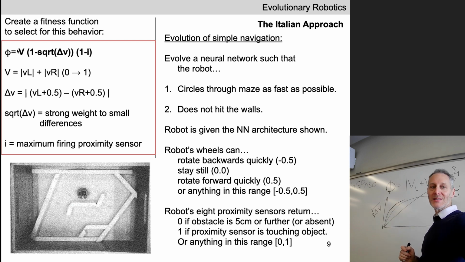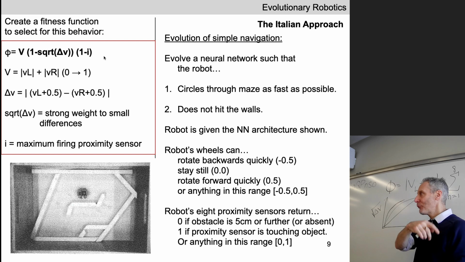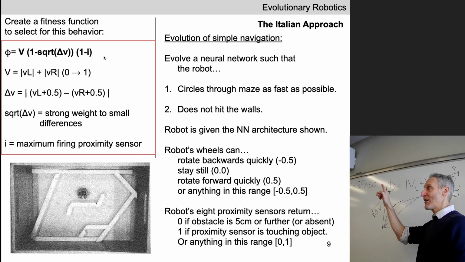It's a behavior that makes V high, makes this thing high, and makes this thing high. And then you have to work backwards from that to what the actual V's and I's would be that would cause that to happen. And it could be just get around the maze once.